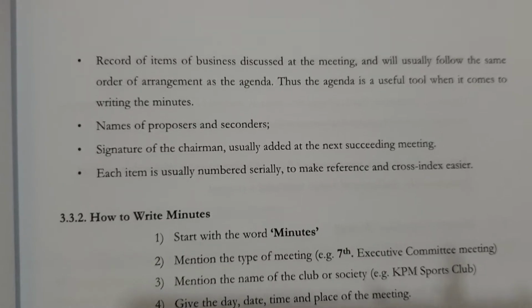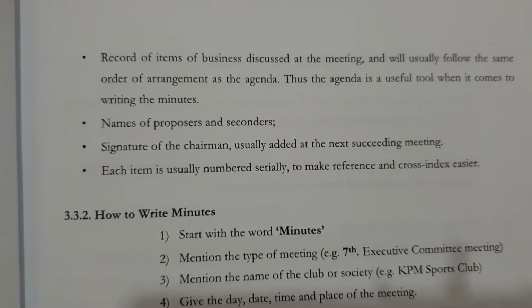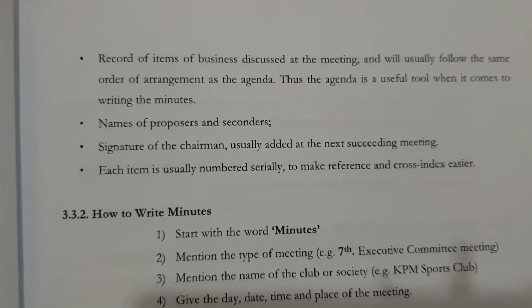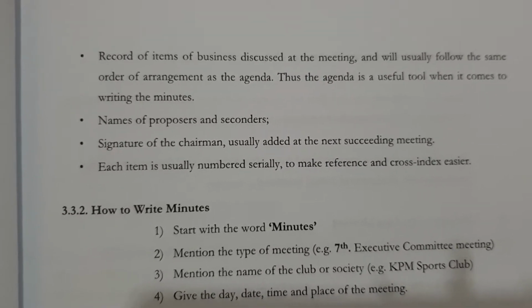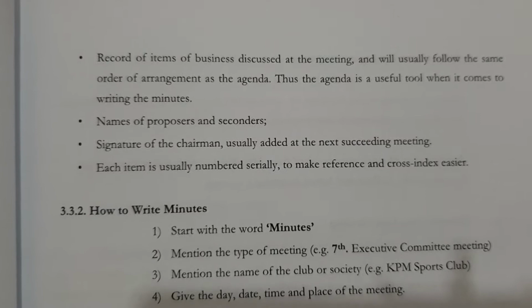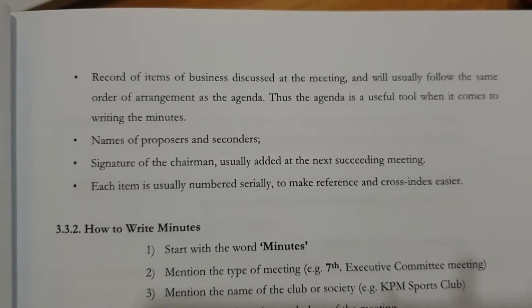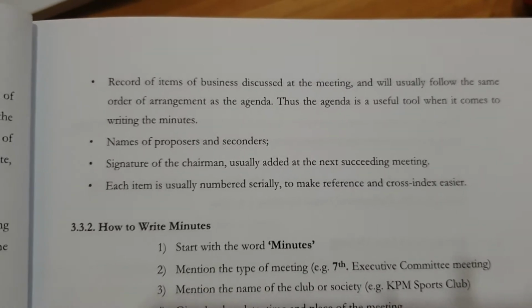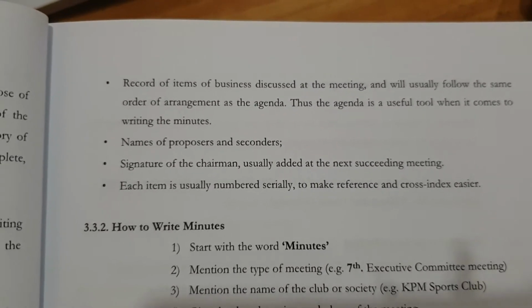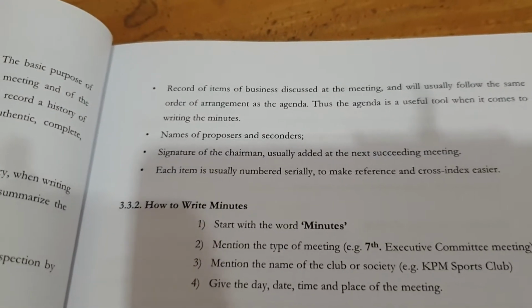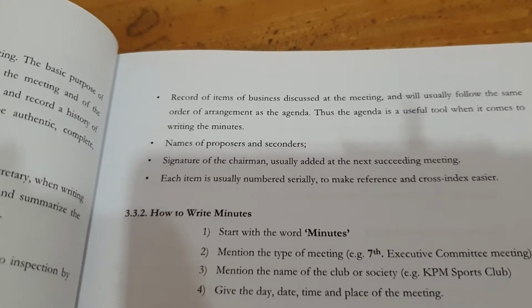If you still remember what I said earlier, the chairman can only sign the minutes in the next or succeeding meeting. Each item is usually numbered serially to make reference and cross-indexing easier. So minutes must follow from the agenda.